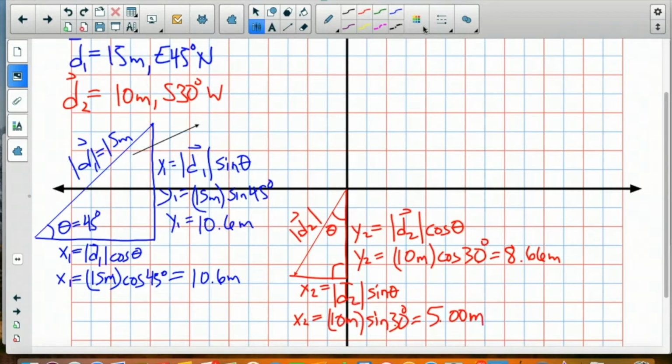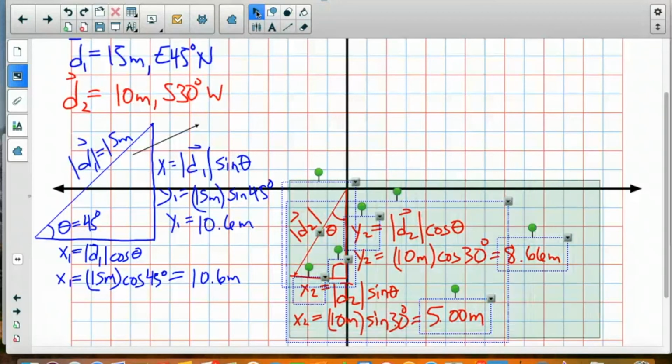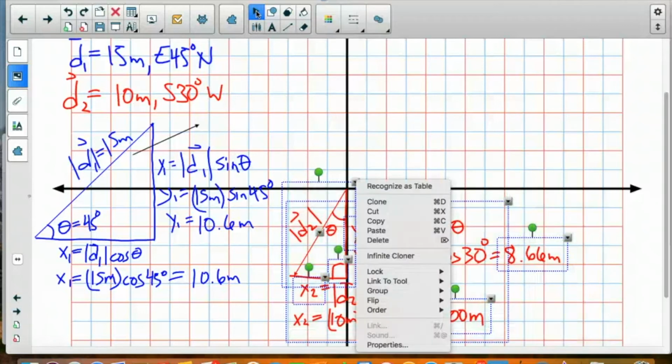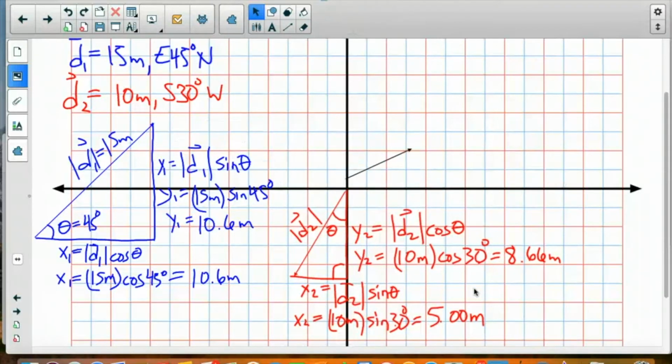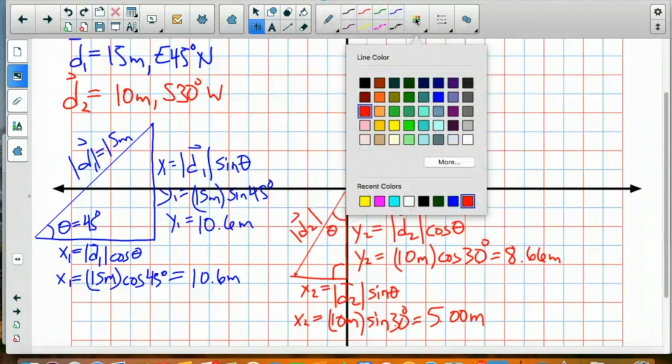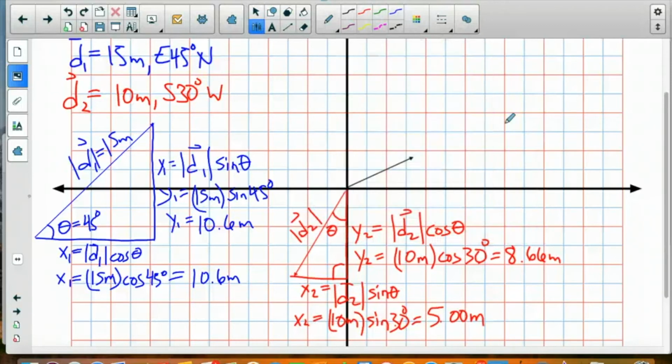Okay, so now we want to know what is our r vector going to look like. I'll group all these guys. Okay, so here was our r vector that we did just graphically by adding tip to tail. And we need to know what is the x and y components of that vector.